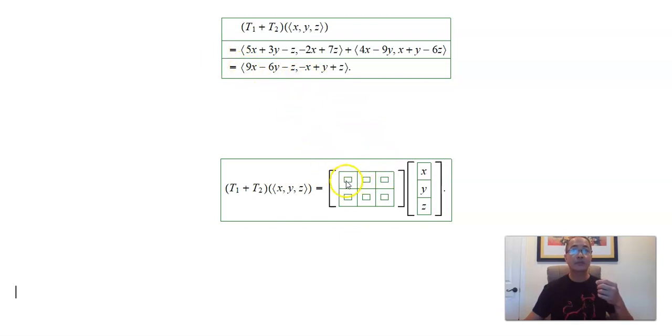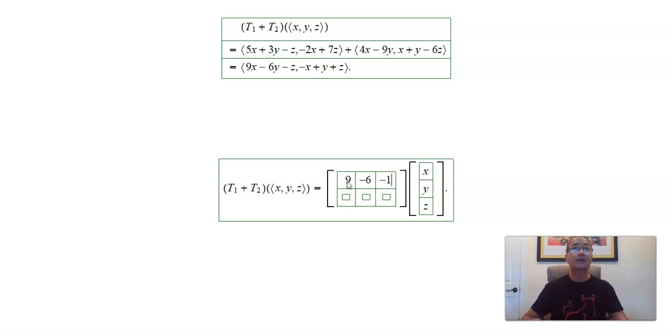Just like what we did for T1 and T2 individually, we can write that as 9, minus 6, and minus 1 for the first component, and minus 1, 1, 1 as its second component. So of course, that is a matrix for our linear transformation. So we have succeeded in showing that T1 plus T2 is indeed a linear transformation.